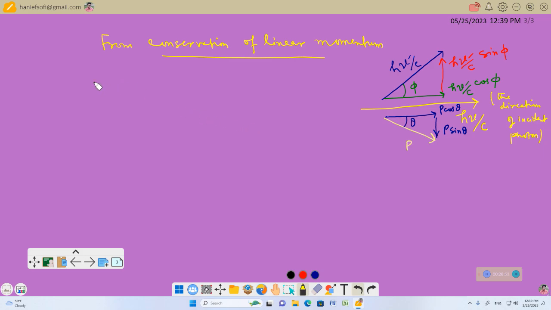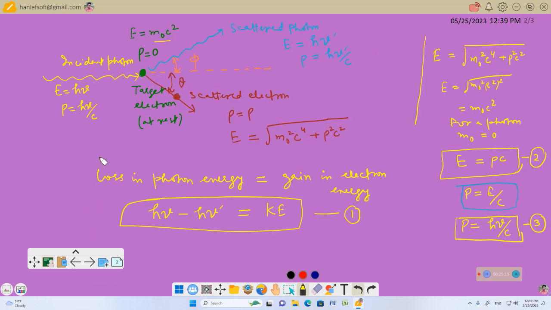In the original photon direction, as I told you, the total momentum initially before the scattering is just h nu by c. So we have h nu by c plus 0, because initially the electron has no momentum in any direction, right?